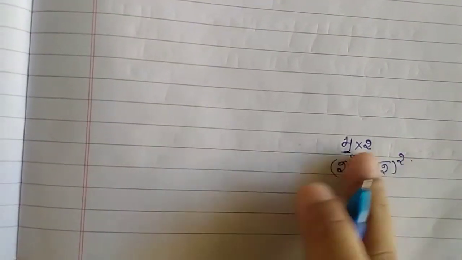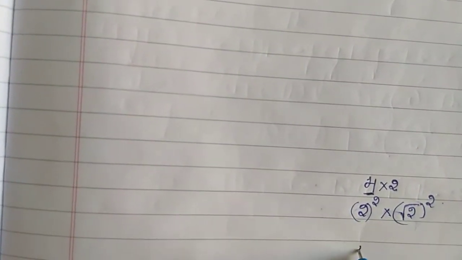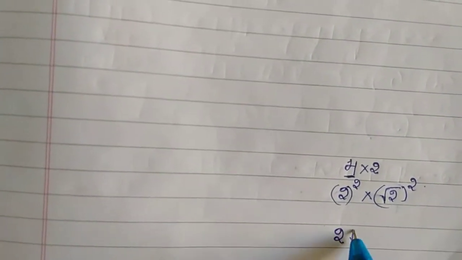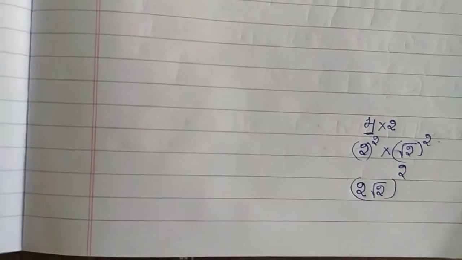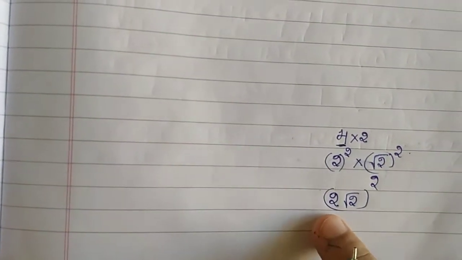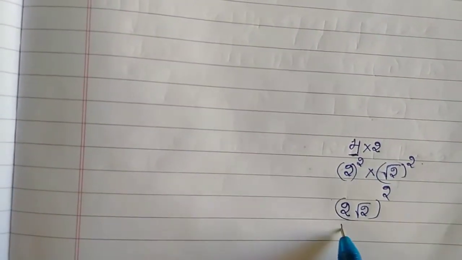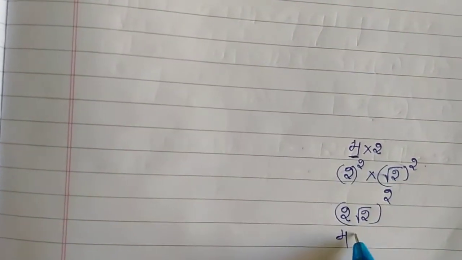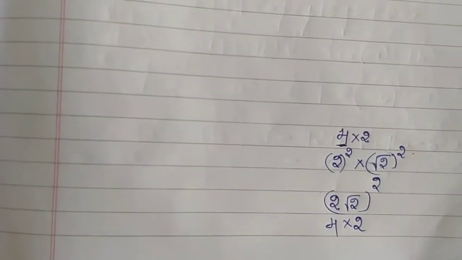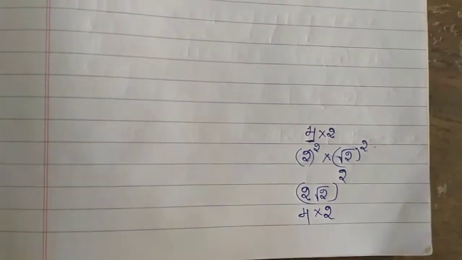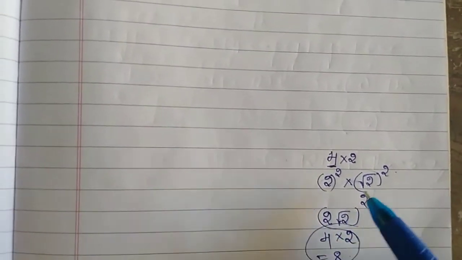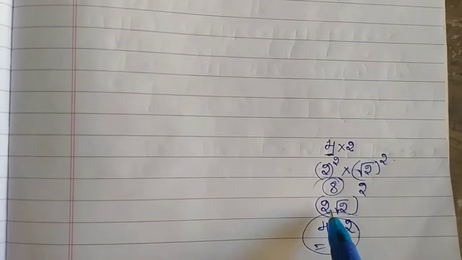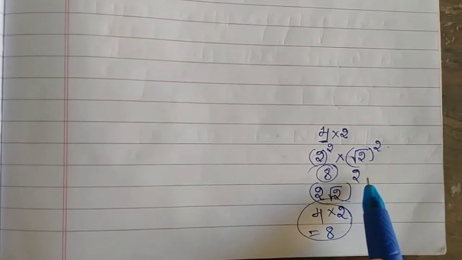Together we can write 2 root 2 the whole square. When you split this, 2 square means 4, root 2 the whole square means 2, so when you multiply this, you get 8 again.